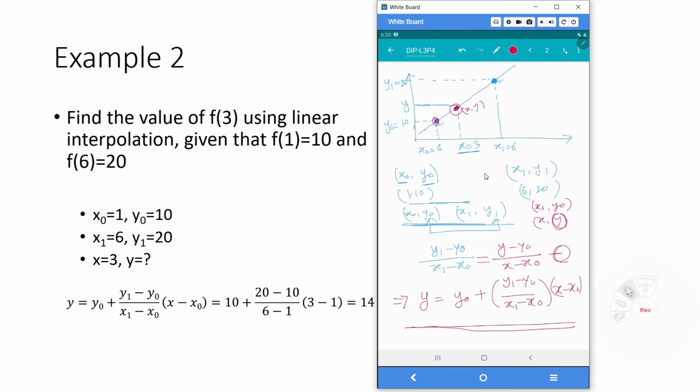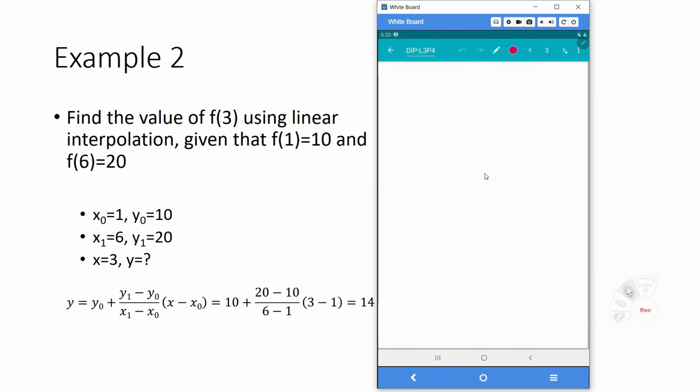The different form is x1 minus x naught times y equal y naught times x1 minus x plus y1 times x naught minus x. So it is the same equation we wrote.